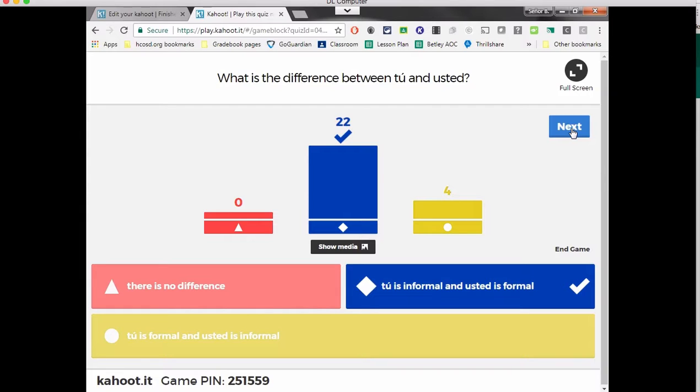So you're going to use tú with your friends, your family, and your peers. I say with your amigos, your familia, and the people that are the same age as you, your peers. Amigos, familia, y los de la misma edad.